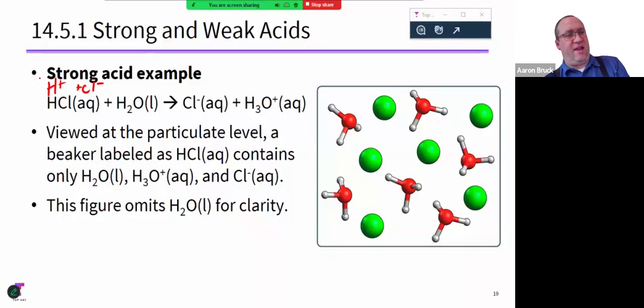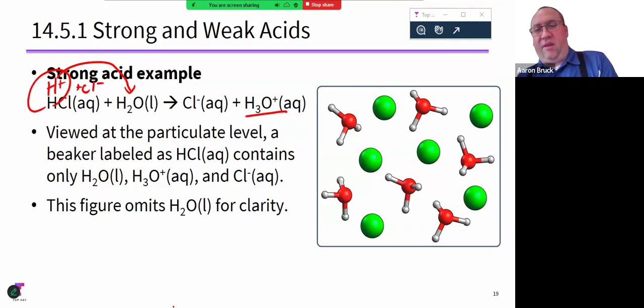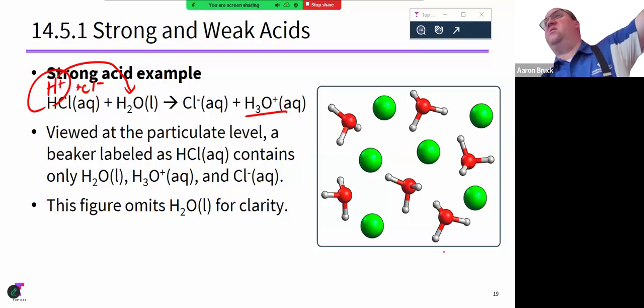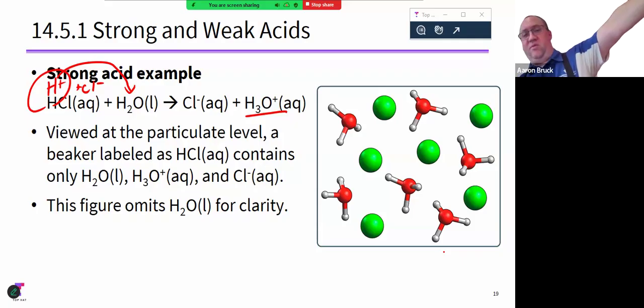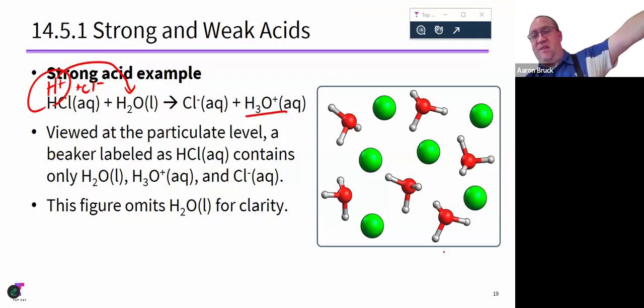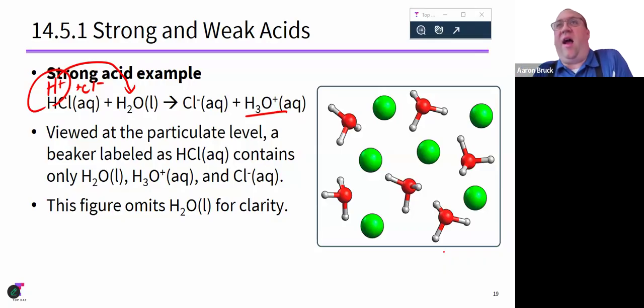And it's that H plus that is going to go to the water to make hydronium and chloride ions. And at the molecular level, that's exactly what we would see. Now, mind you, all of these ions are surrounded by water molecules. We're leaving them out just so that it's easier to see. But inside of that hydrochloric acid solution, all that we see in that solution, other than water molecules, are chloride ions and hydronium ions.